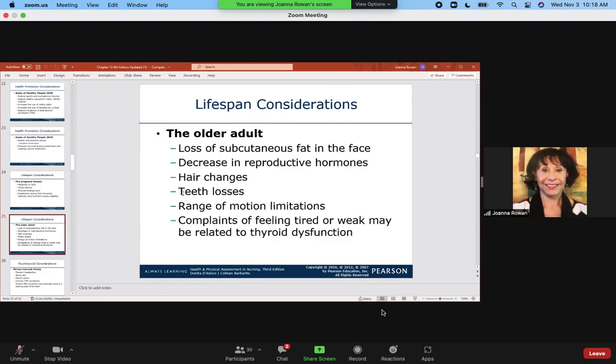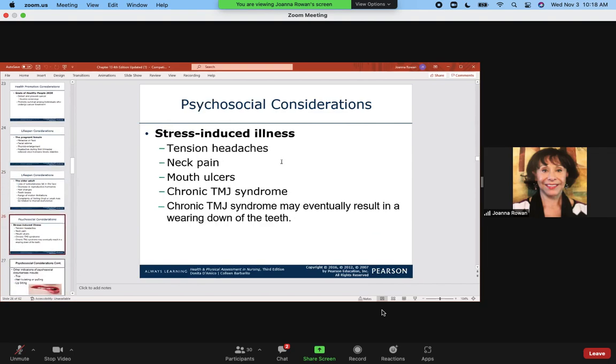Hair changes, tooth loss, range of motion limitations, complaints of feeling tired and weak, which may be related to thyroid dysfunction, stress-induced illnesses, tension headaches, neck pain, mouth ulcers, chronic TMJ syndrome. Chronic TMJ syndrome may eventually result in wearing down of the teeth. There is a question on this.